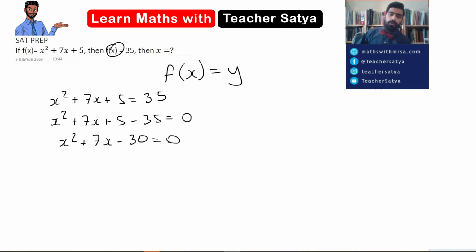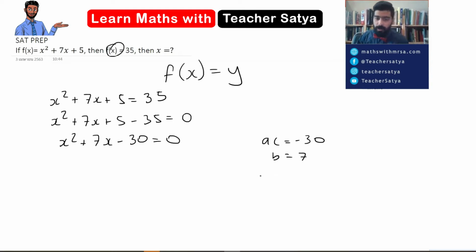Now we are going to factorize this by splitting the middle term. So we need two numbers that multiply to give us negative 30, AC is equal to negative 30, and whose sum would give us 7. Right guys, so what are the two numbers?